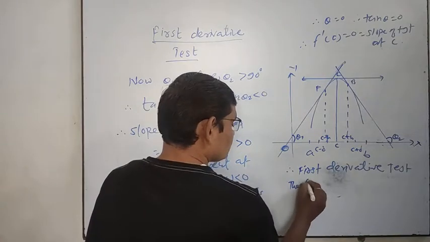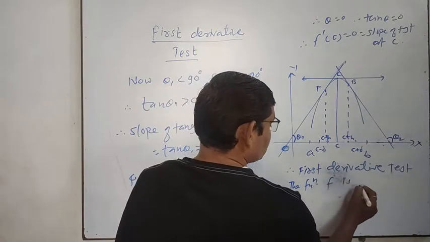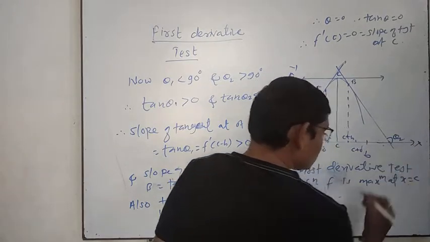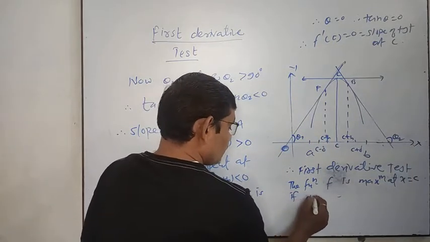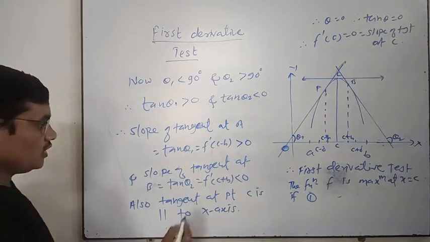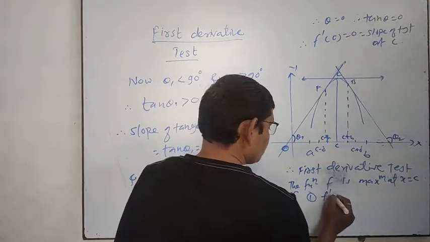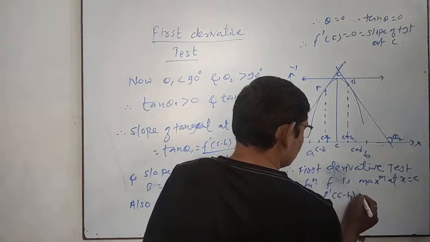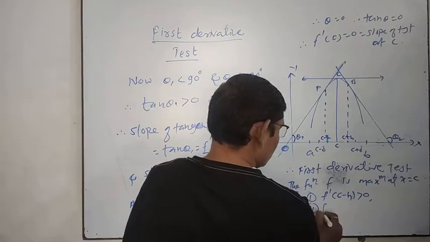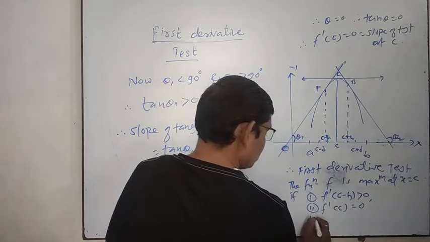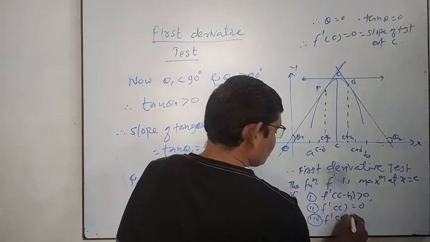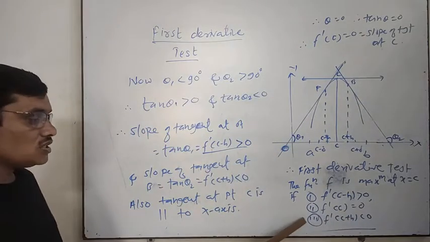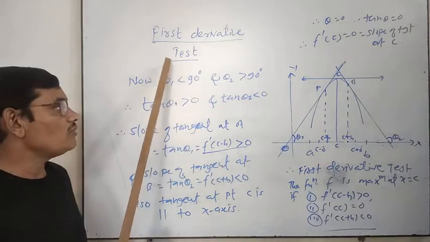The function f is maximum at x is equal to c if, first, f dash of c minus h is greater than 0; second, f dash of c is equal to 0; and third, f dash of c plus h is less than 0. This is the first derivative test for maximum.